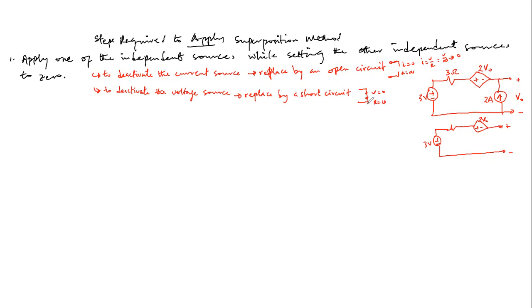If we have a perfect conductor, then the resistance tends to 0, and since V is the same as IR, I times 0 will give us 0 volts, right? So when the current source acts alone, we can replace the voltage source by a short circuit.